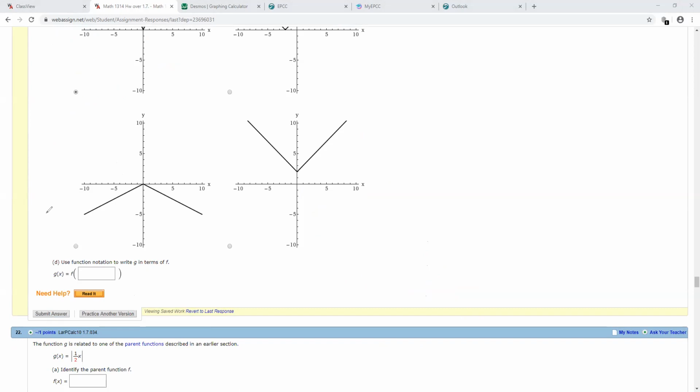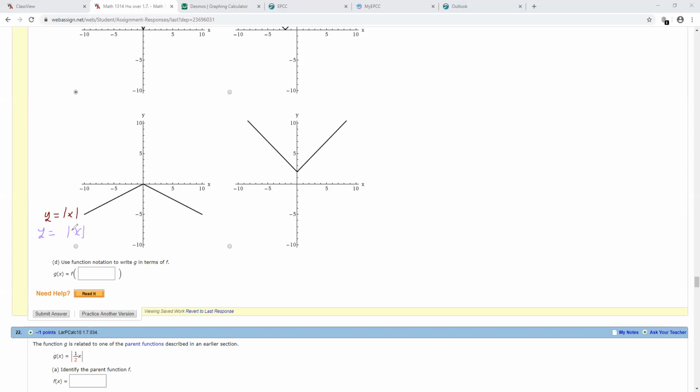So what did we just do, guys? We took y equals the absolute value of x as the parent function. And what did they change it into? They said, we're going to do a horizontal dilation, which means take the inside next to the x and multiply it by something.